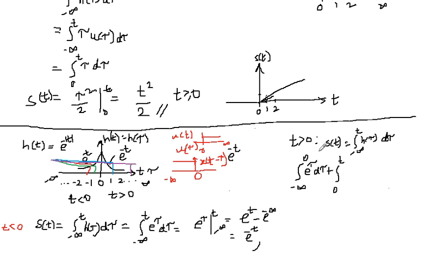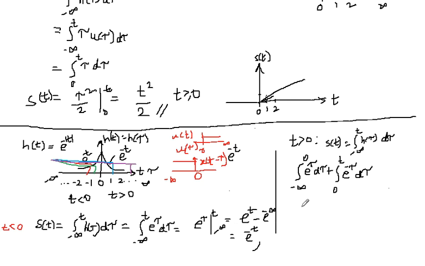As the values are different, we need to take separate integrations. Otherwise it could have been the same equation, evaluated in a single integration. But for the minus region its value is e raised to tau, and for the plus region, the right-hand side above 0, its value is e raised to minus tau d tau. Now do the integration of these two.